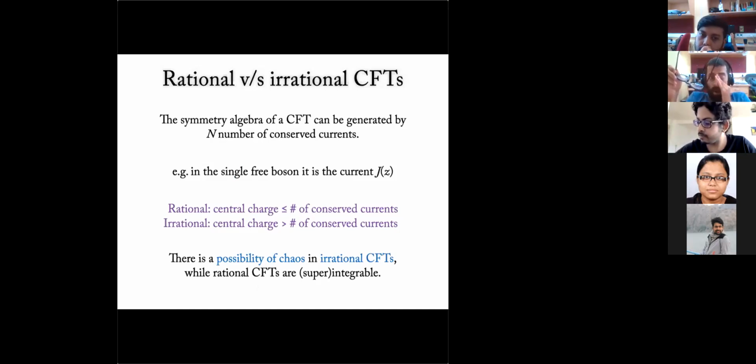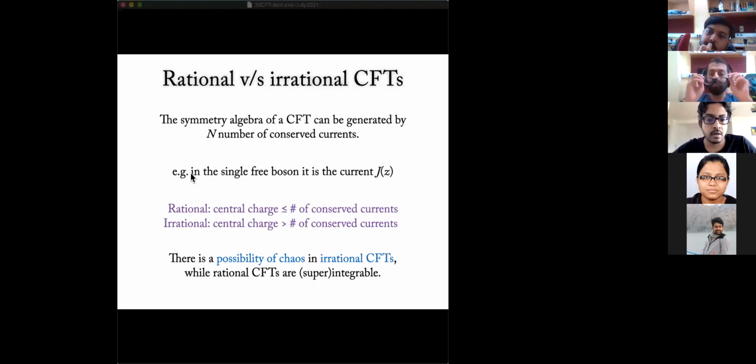But you can have more general conformal field theories in which there are additional conserved currents as well. For the case of the single free boson, it is the current J. This is more fundamental than the stress tensor, because the stress tensor is given by the quadratic combination of these J's. So there's one single conserved current in the free boson theory.